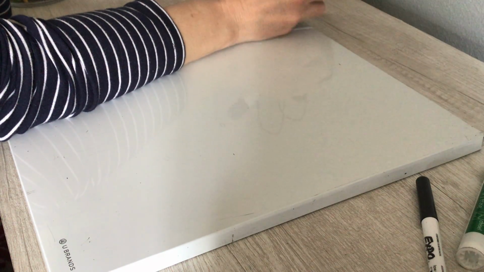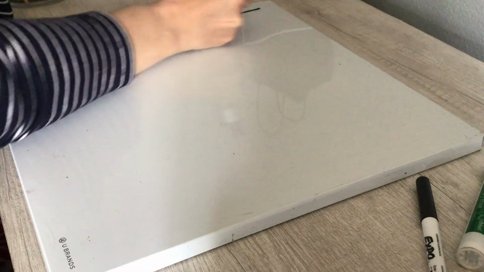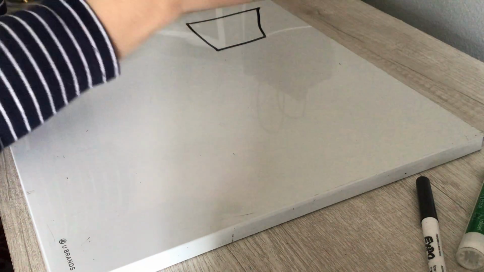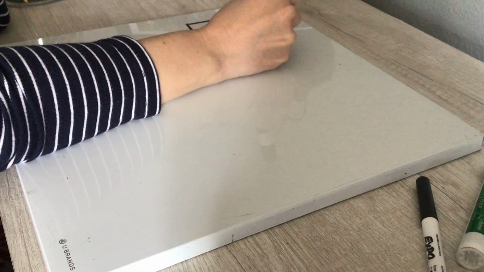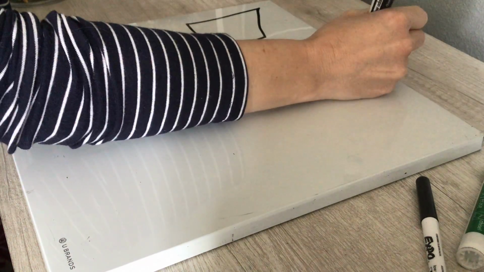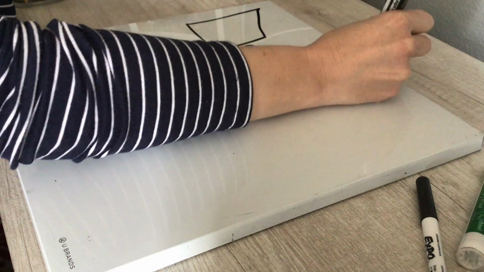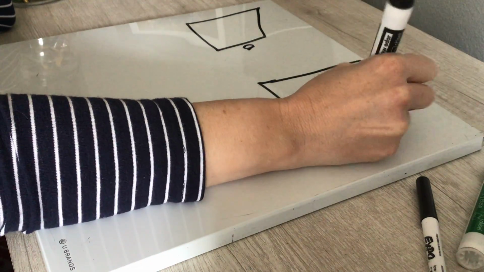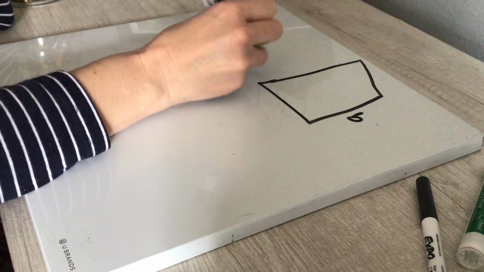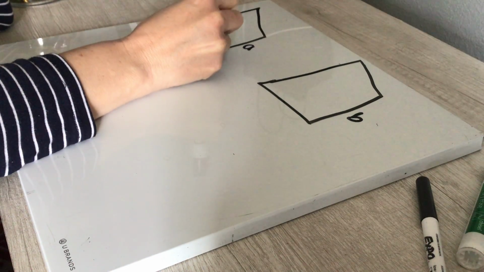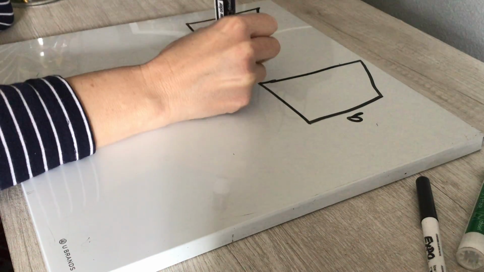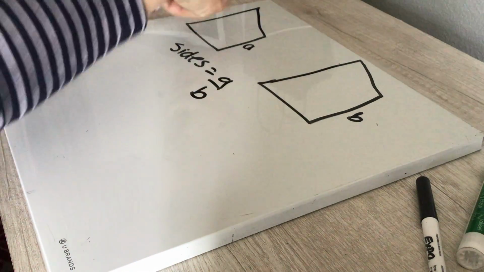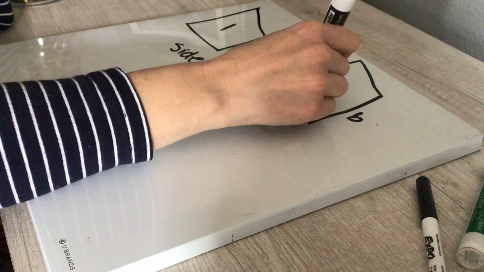If you have two polygons with side length A and side length B, then they are proportional and the ratio of their sides is A over B, or B over A if we're going from this figure to that figure.